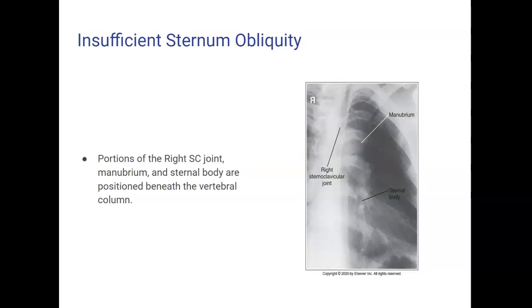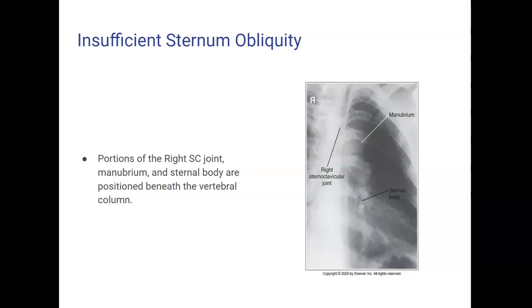In insufficient sternum obliquity, there will be portions of the right SC joint, which is pointed out in this image, the manubrium and the sternal body that are positioned still over top the vertebral column, and we don't want that.